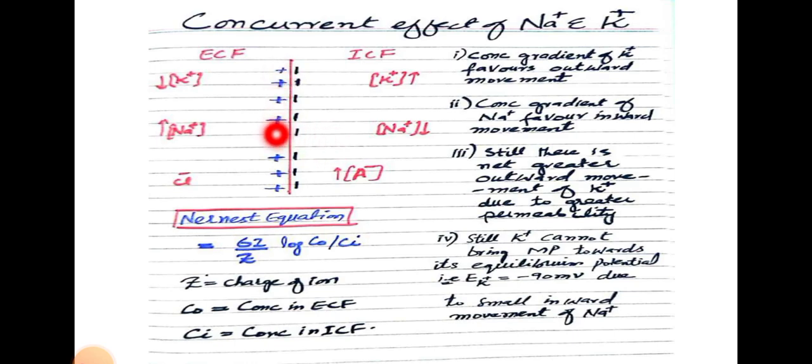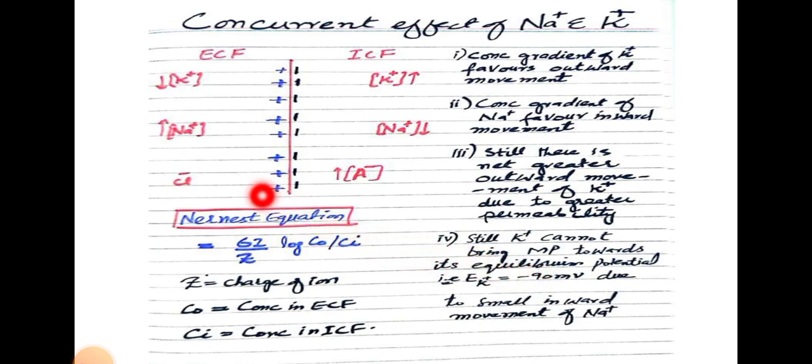Hence, outside becomes more positive and inside becomes negative. Potassium tries to bring the membrane potential towards its equilibrium potential, but the membrane potential is slightly less, that is minus 70 millivolts, not minus 90 millivolts.